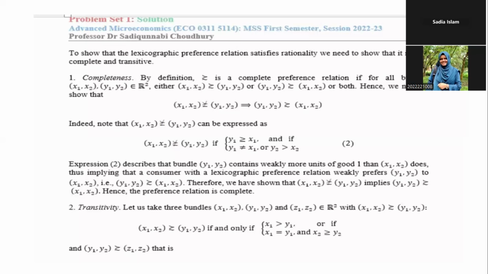In this transitivity part, we will show that each of the two bundles obeys the rule of completeness respectively, so we can say that the first bundle X will be complete to the last bundle Z.